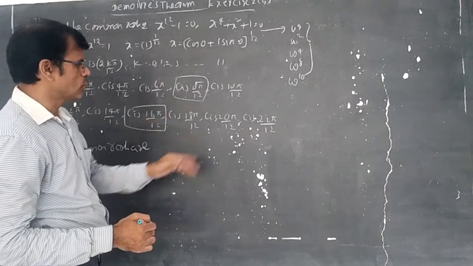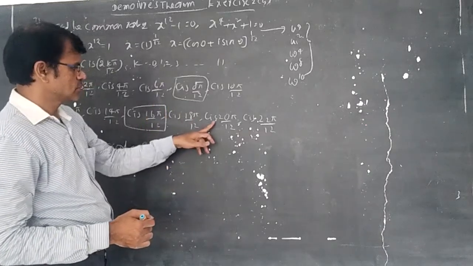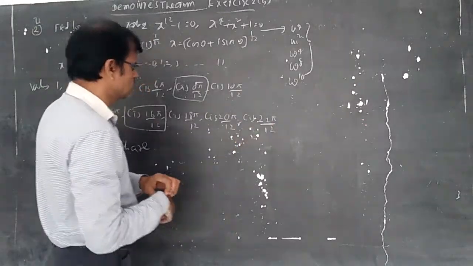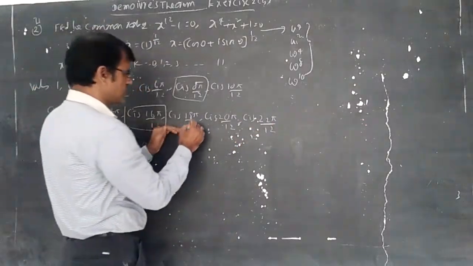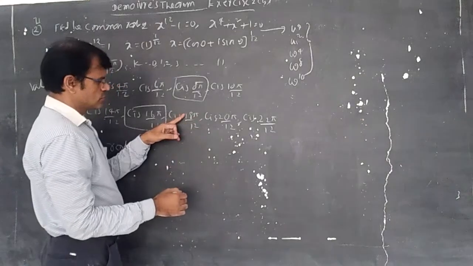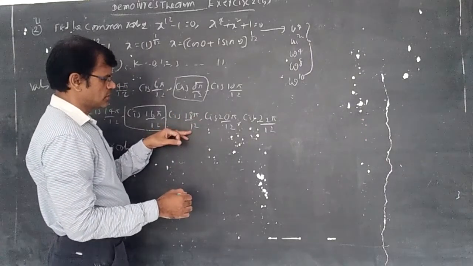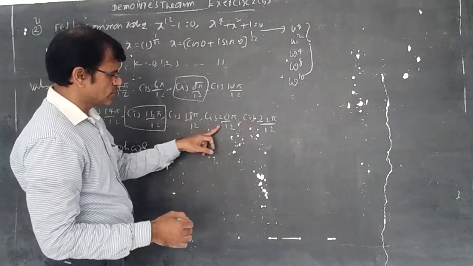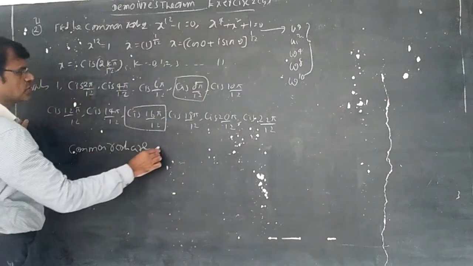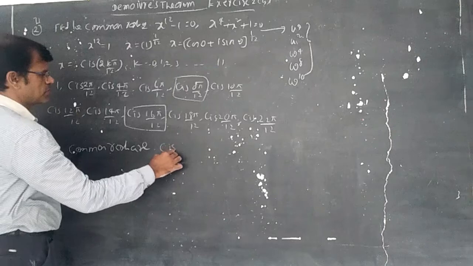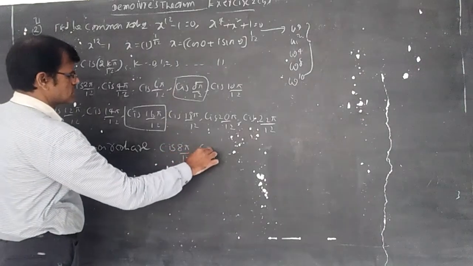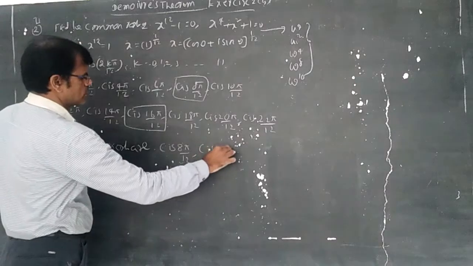Next one, 2 pi by 3 multiple you should get. It is not right. So 24 pi by 12, it is not right. Just wait. 2 9s are 2 3s are 9 pi by 6. It is wrong. So simply write common roots are 8 pi by 12, comma 16 pi by 12.